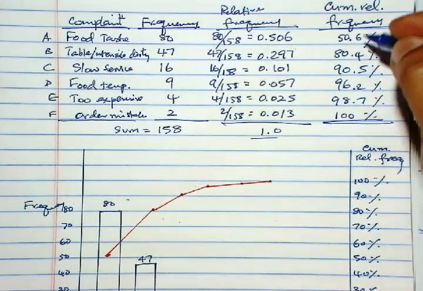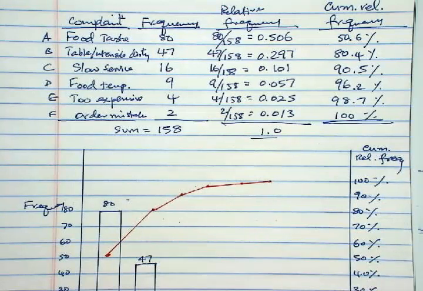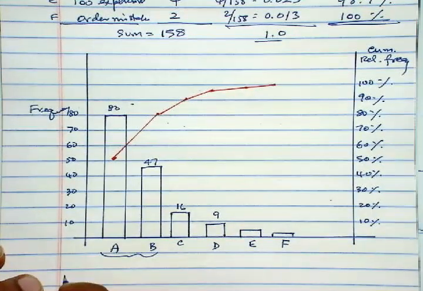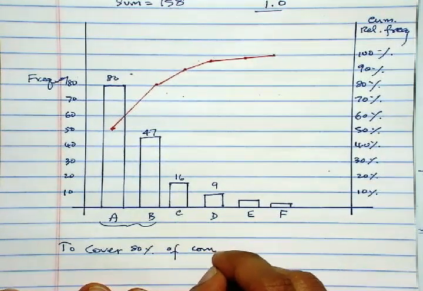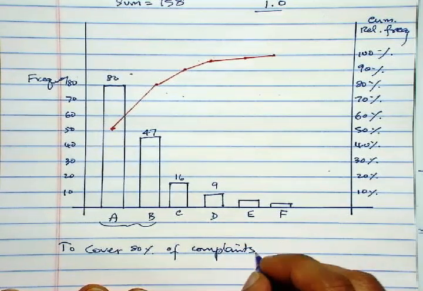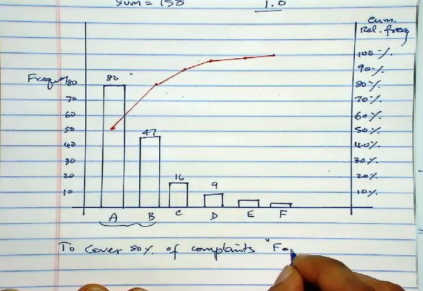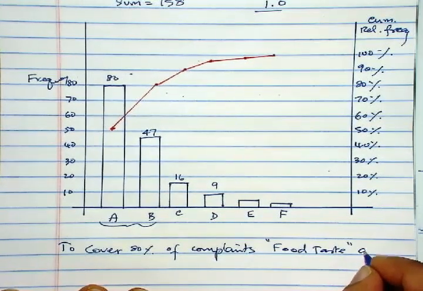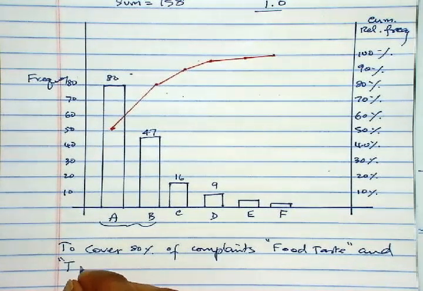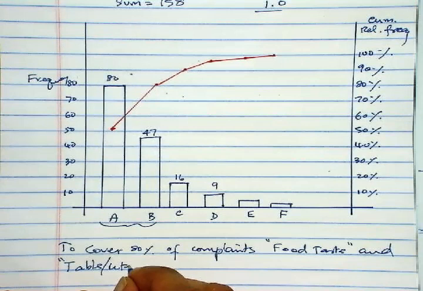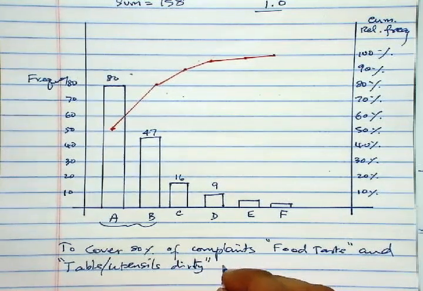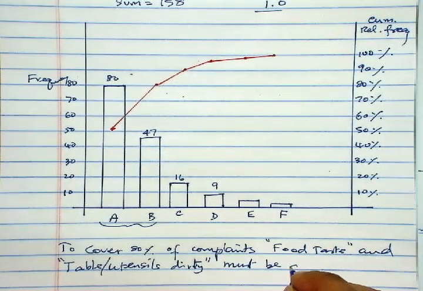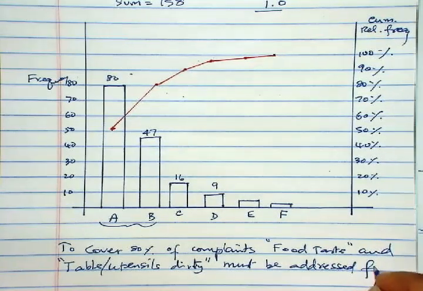So we have to cross 80%, and here we are crossing 80% with just A and B. So to cover 80% of complaints, food taste and table, utensil, dirty must be addressed first.